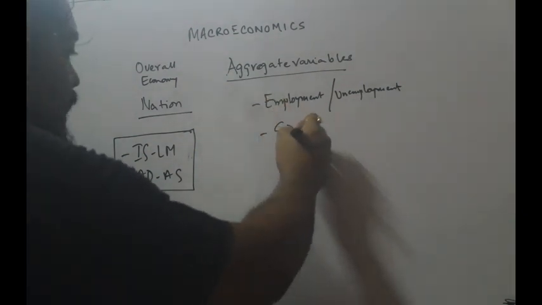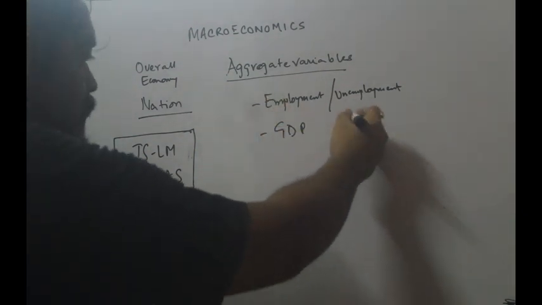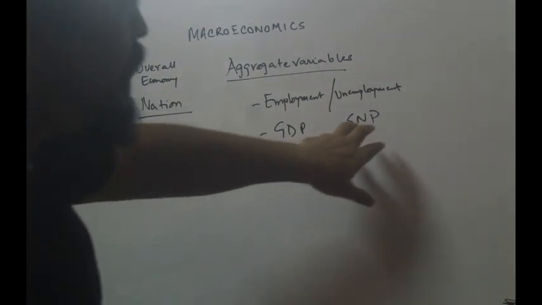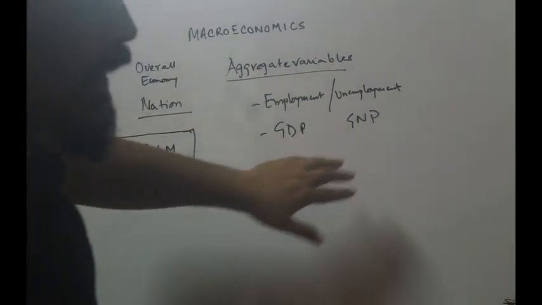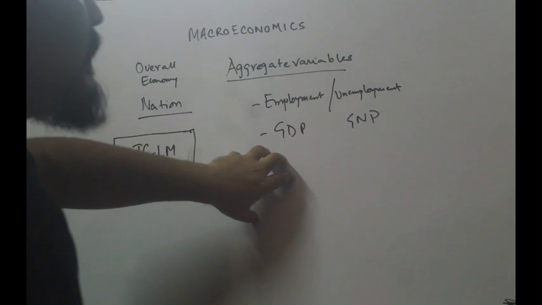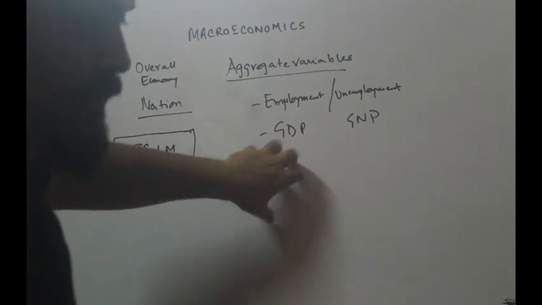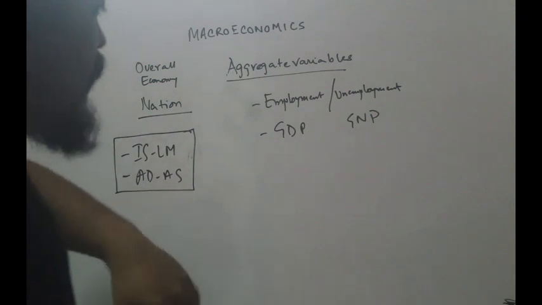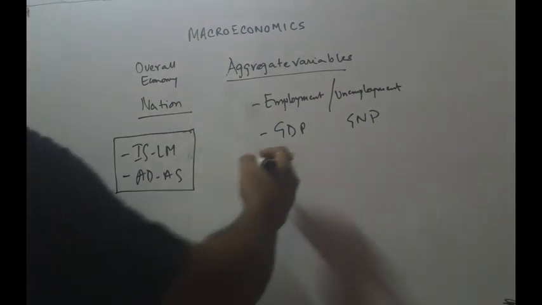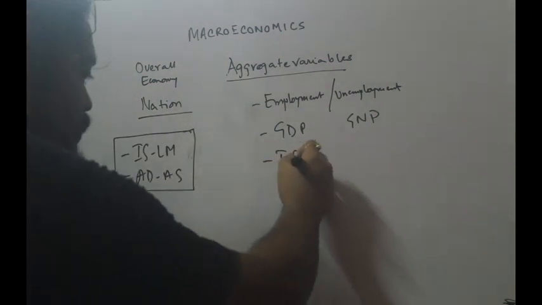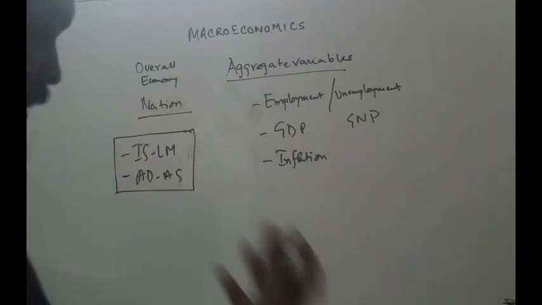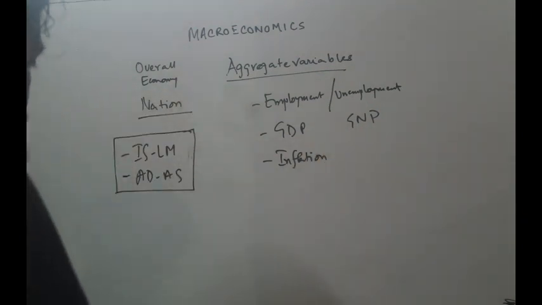GDP, GNP, gross domestic product, gross national product, and then your real GDP, nominal GDP, and all these things, deflator, then your CPI, PPI, and how you talk about all these things. So that inflation, price level, how it is affecting the economy.